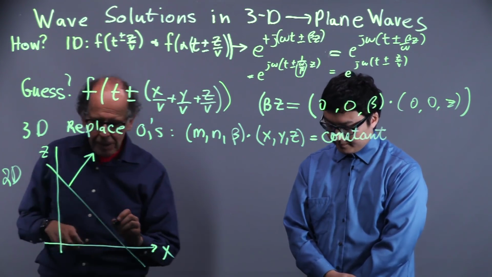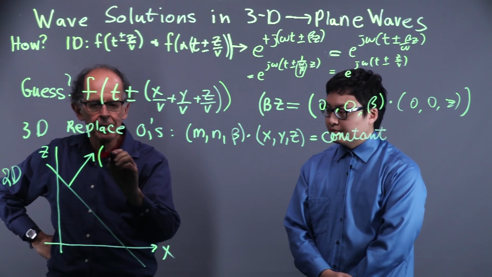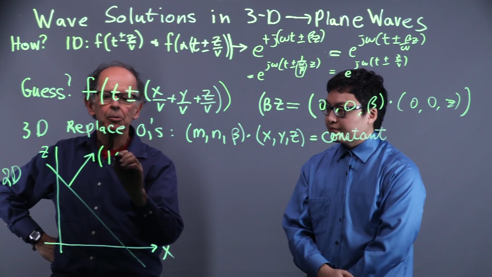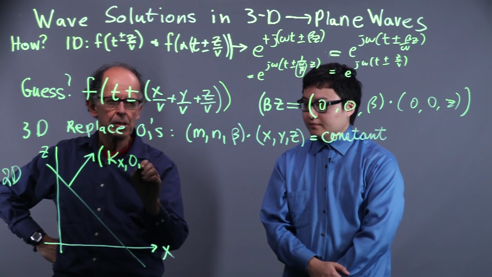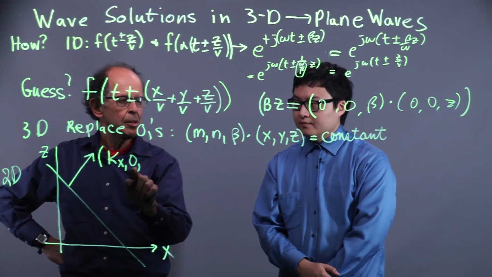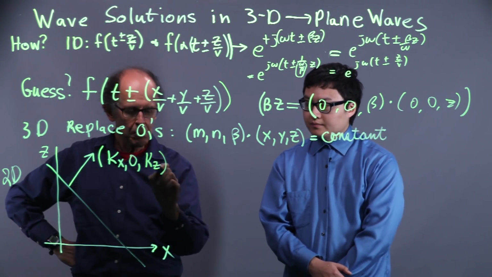And we've got the normal, and the normal will have some components. And when we're talking about waves, we usually call it kx, 0, kz. We're not worrying about varying y. And there's my normal.